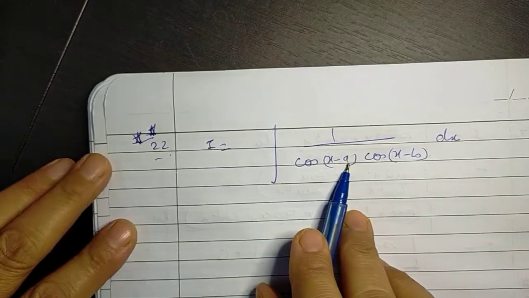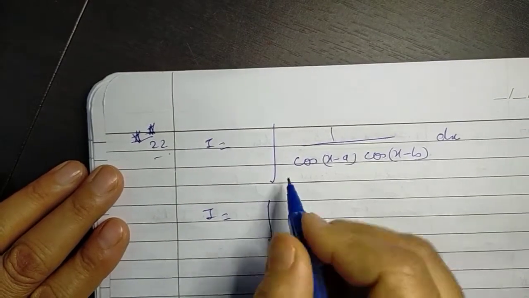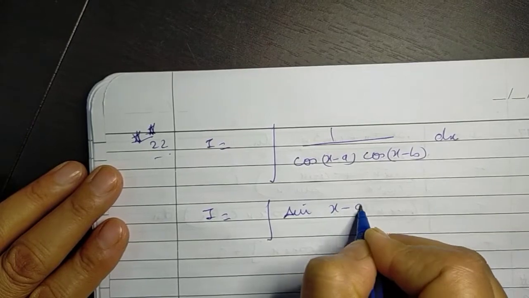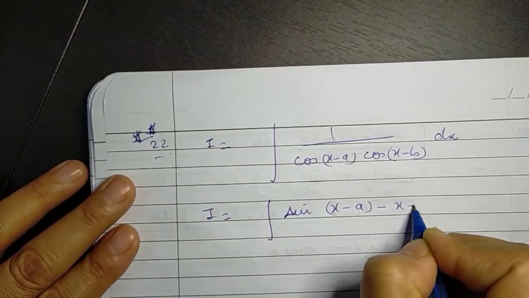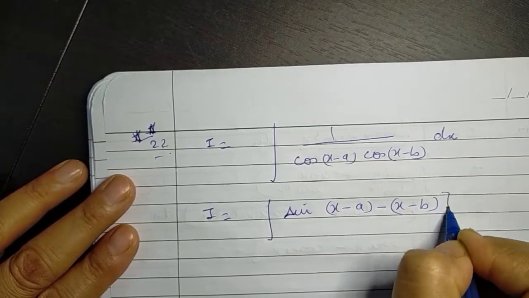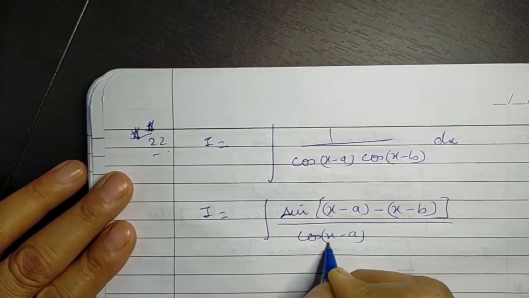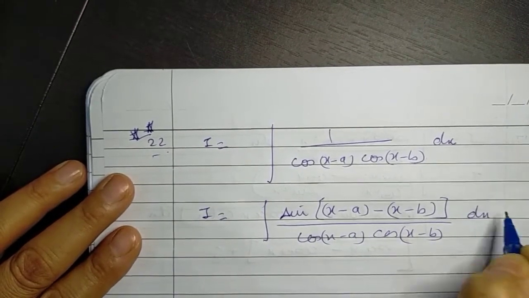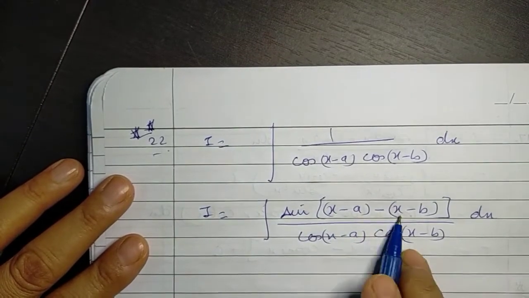So such kind of questions we always write as follows. Can I write it as sine of x minus a minus x minus b, over cos x minus a cos of x minus b? Now when I write it like this, what do I get? x and x get cancelled.